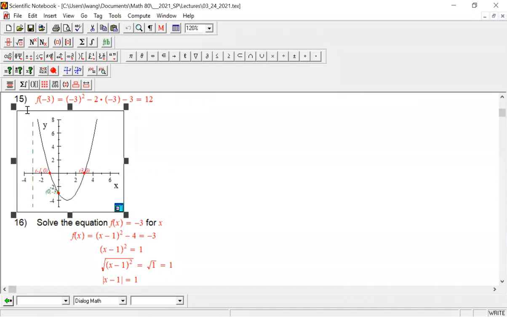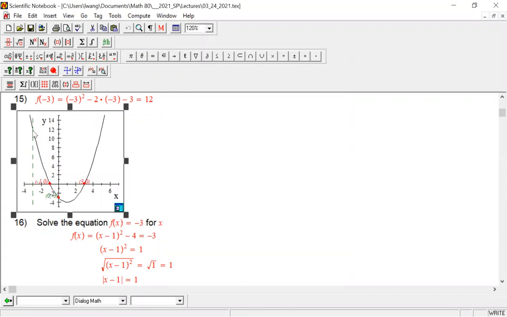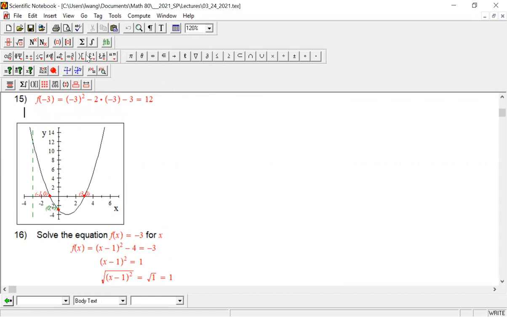It's going to touch somewhere, right? It's still going to touch at 12. Our scale needs to be extended, so I'm going to change the scale so y equals to 15. So now you're going to see the intersection right there. That point of intersection is -3, 12.